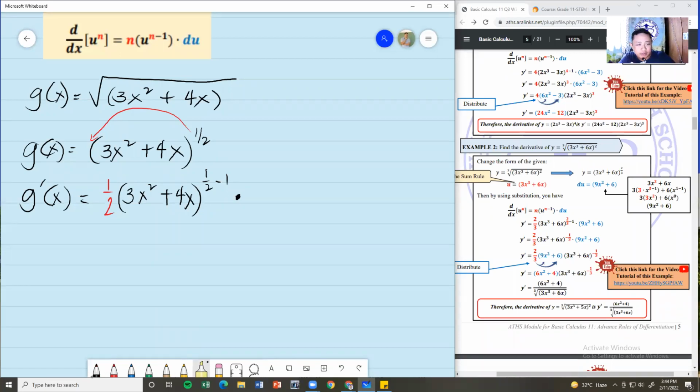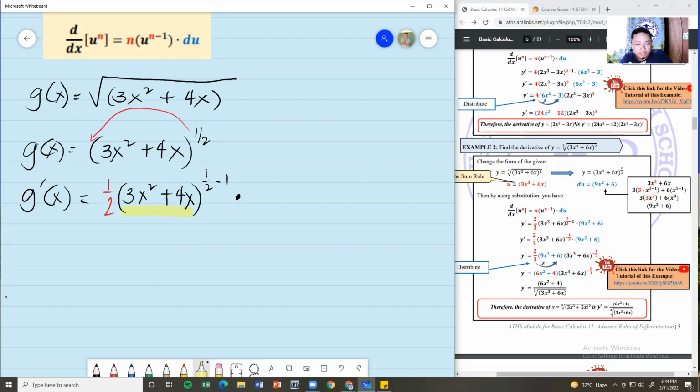So we have here our u. Let's get the derivative. What's the derivative of 3x squared plus 4x? Type it in the chat box, please. What is the derivative of 3x squared plus 4x? Type it in the chat box. Let me see. Okay, good. Your classmates are correct.